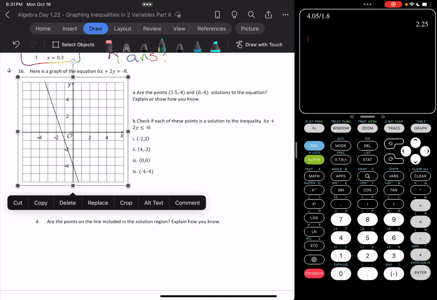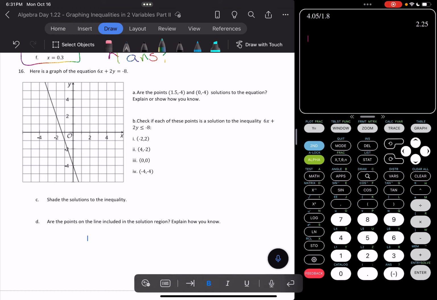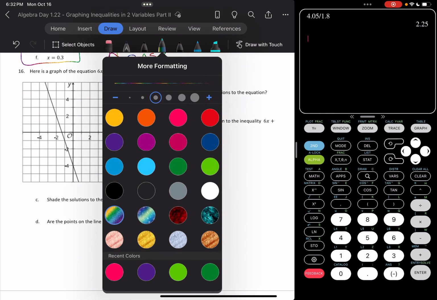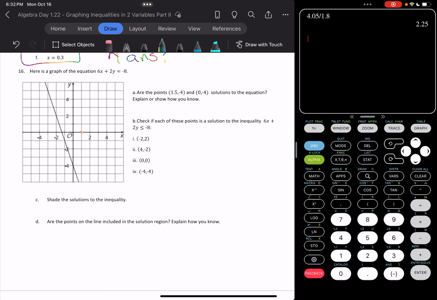Number 16 says, here is a graph of the equation, so they already graphed it. It says, are the points 1.5, comma, negative 4, and 0, comma, negative 4 solutions to the equation? Explain how you know. So 1.5 is, this is 1. Here we go. This is 1. So 1.5 would be here, and then down negative 4. 1.5 here. So that is not on the line.